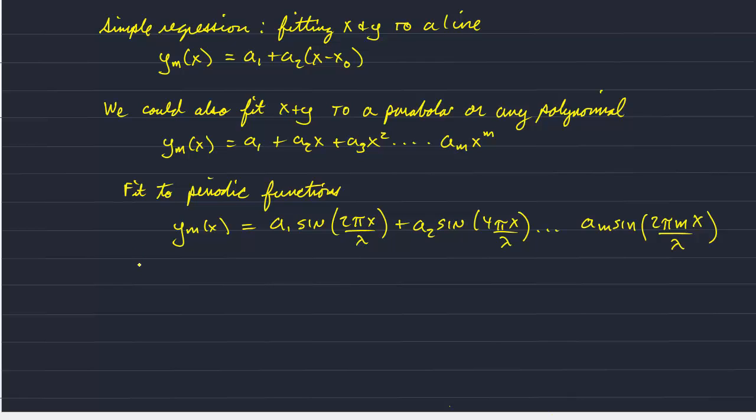In general, and this is why we're calling this general least squares regression, we can describe our model as a sum of functions of x with coefficients corresponding to those functions.